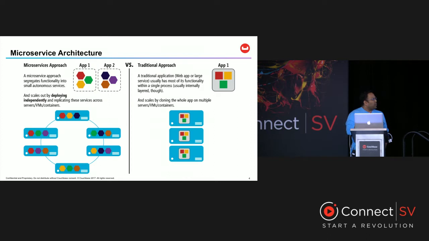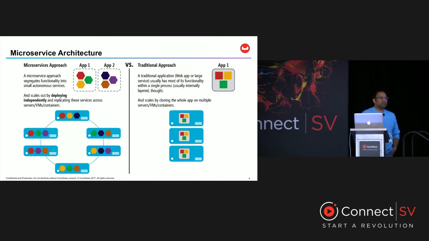That also gives you the ability to independently scale these services, because you don't have to scale the entire application. In the traditional approach, you have everything in a single monolithic application, so if you want to scale it, you have to scale everything together. Whereas with microservices, you can scale each service independently without affecting others.